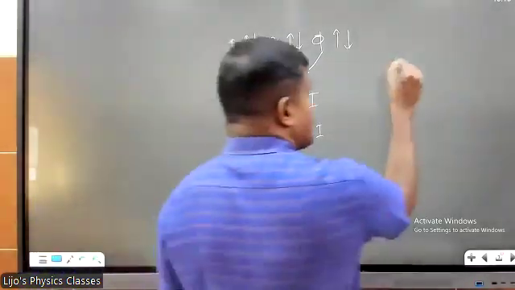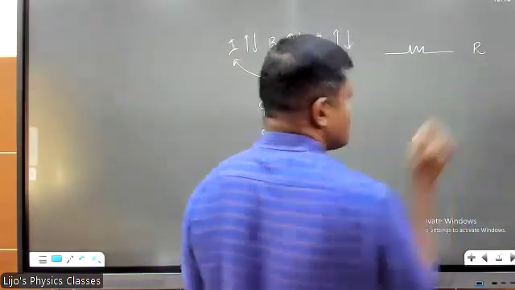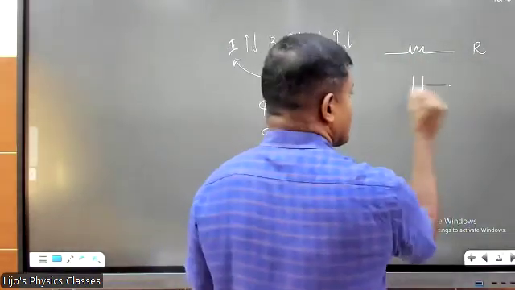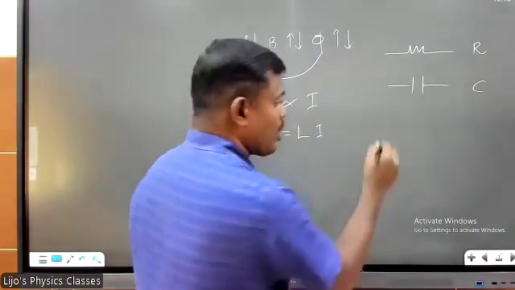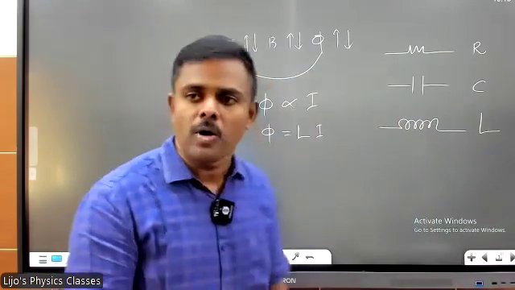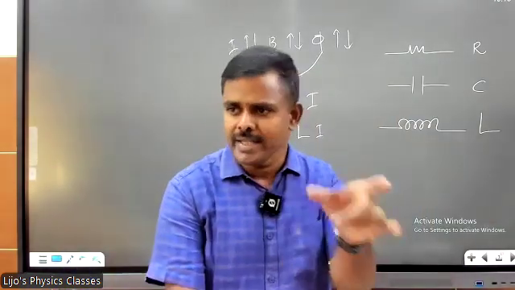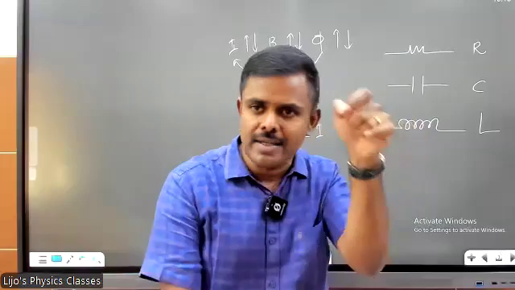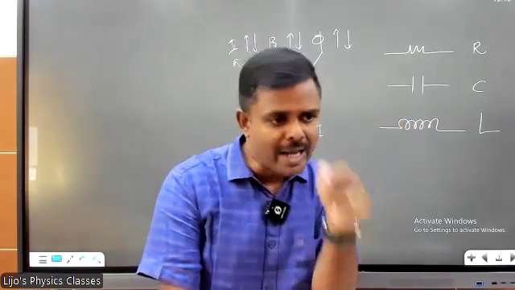Just like a resistor has a resistance, a capacitor has a capacitance, a coil always has a self-inductance. It's an inherent property of a coil. When you buy the coil, it comes packed inside.